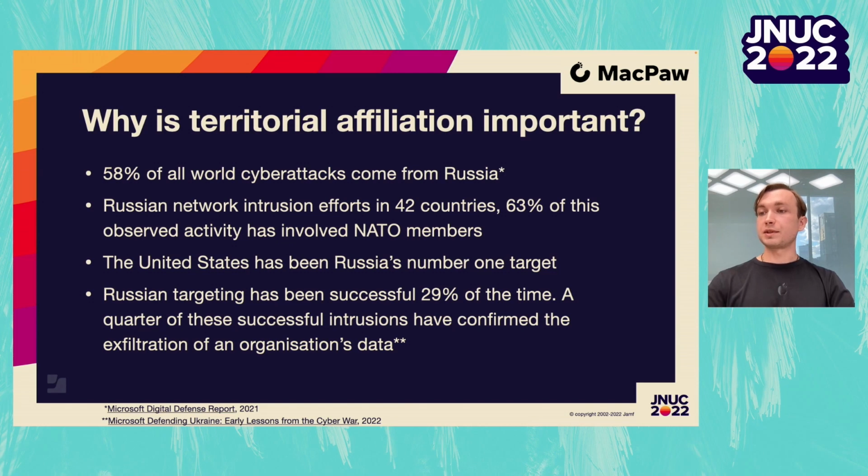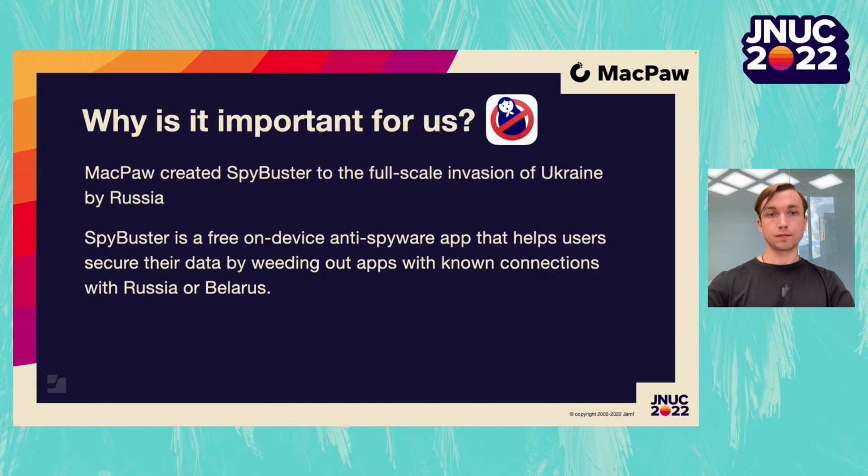Russian targeting has been successful 29% of the time. A quarter of the successful intrusions have confirmed the exfiltration of an organization's data. Why is it so important for us?